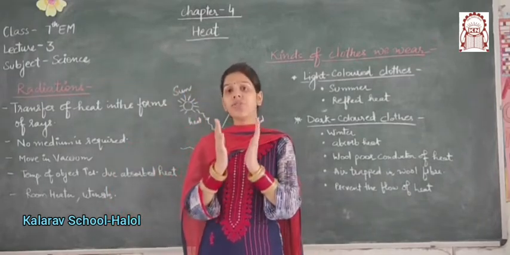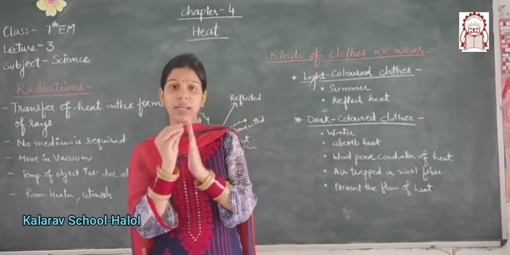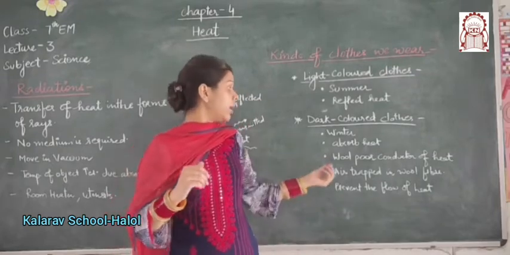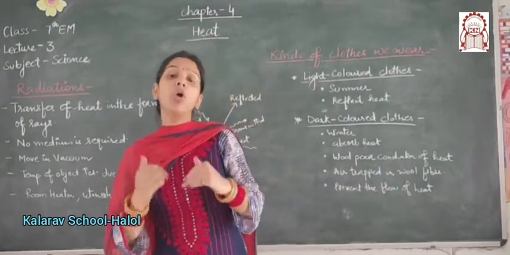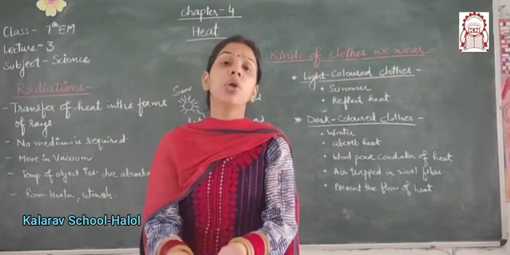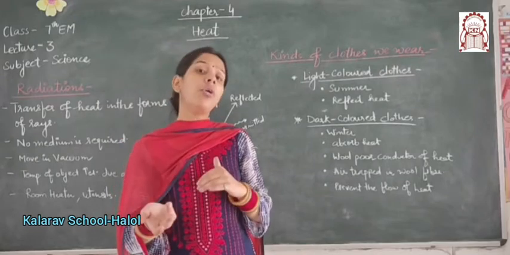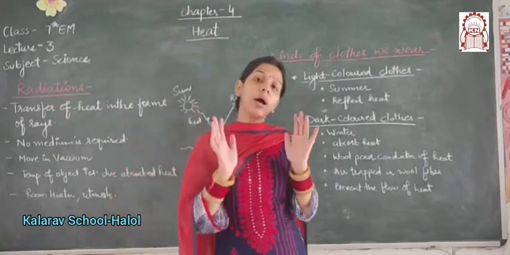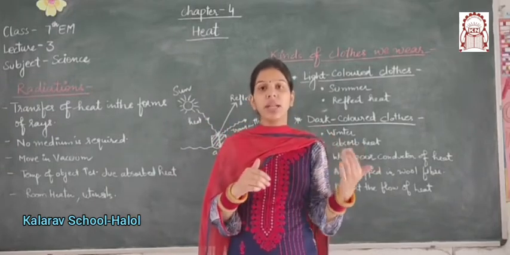When air is trapped between our body and the woolen clothes, or air particles are trapped in the wool fiber, that air prevents the flow of heat from our body to the surroundings. In this way, our body becomes warm in winter by wearing woolen clothes.